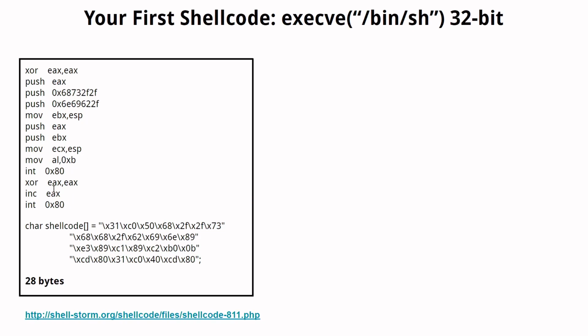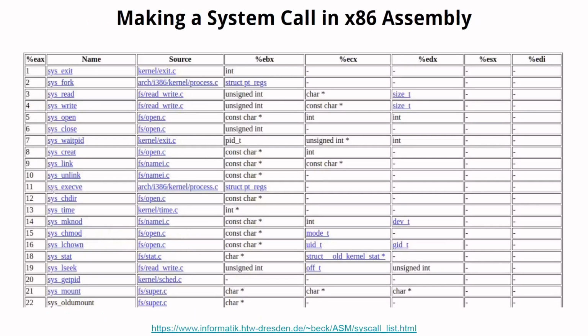Even if it's a set UID program, if you directly make this system call like this, the replaced process will not inherit the root privilege directly. You need to make another system call before this. You need to make a setreuid system call to tell the kernel again, okay, I need root privilege, even if it's a set UID program. Because of that, the shellcode that works will be longer than this. Before this, we will make another system call. Okay. So that's basically what I have for today.